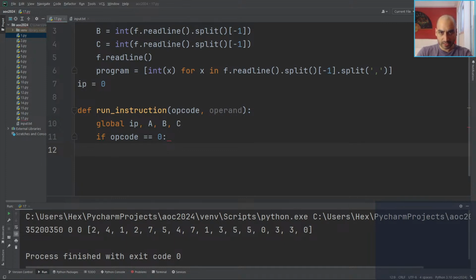The denominator is 2 to the power of the combo operand. Literal operand is the operand itself. Combo operand. Okay, let's make a little combo operand sub-method.